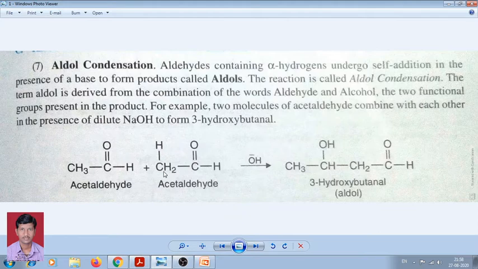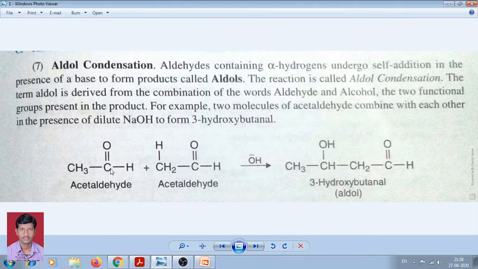Now when such an aldehyde contains alpha hydrogen, with respect to this CHO functional group, this is the alpha carbon.